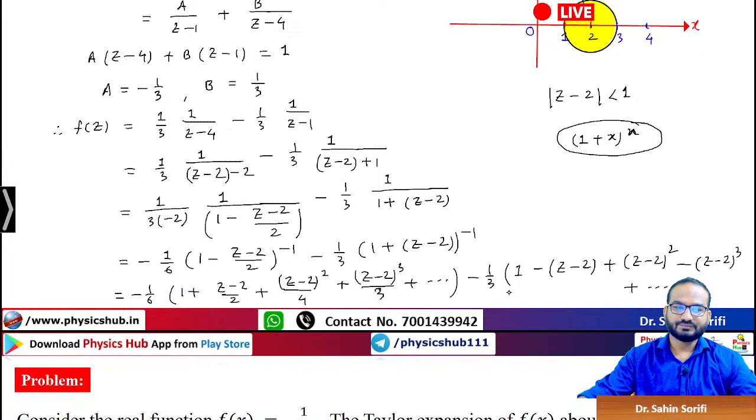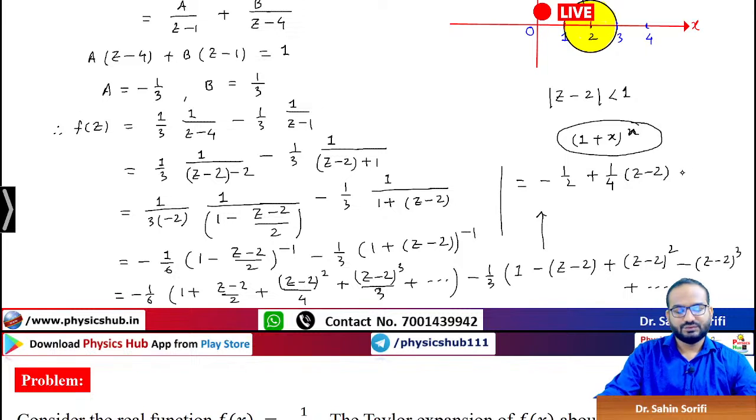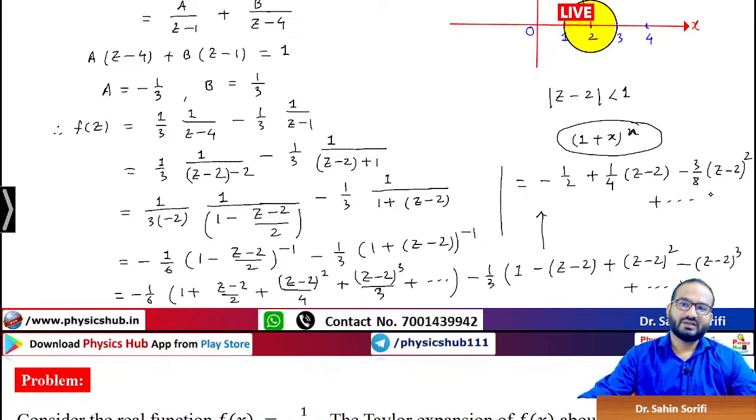Understood? So we don't have a space here, so I am writing it here. This will ultimately become minus half, minus 1/6 minus 1/3, so minus half plus 1 by 4 z minus 2 minus 3 by 8 z minus 2 whole square, and so on, and that is matching with option A, right?